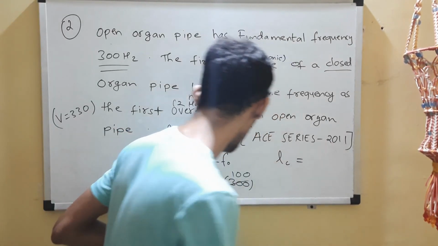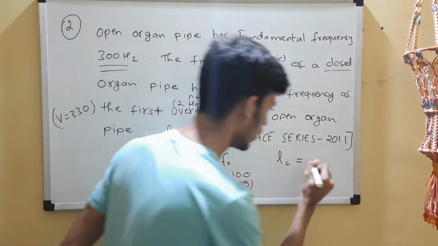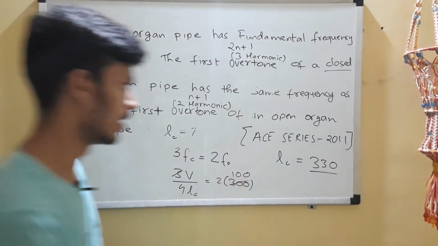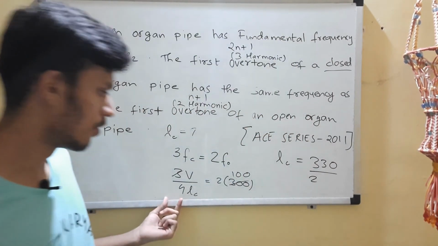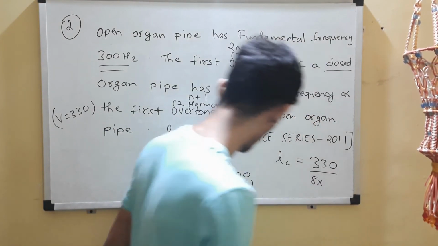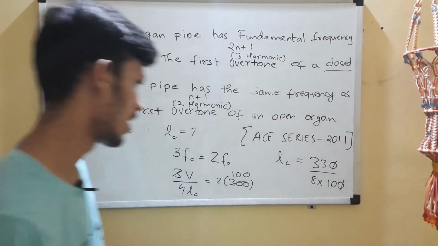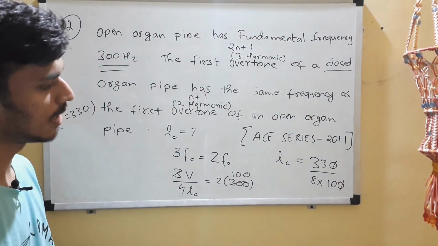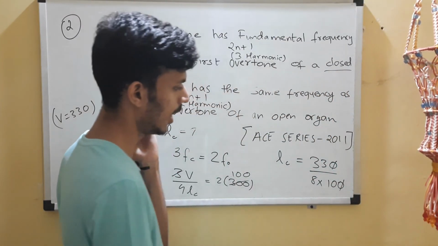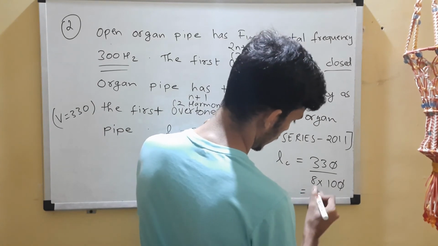So the length of the closed organ pipe will be given as 330, the velocity of the wave, divided by 2 into 100. So 2 and 4 we have. 4 2s are 8, 8 into 100. So this and this can get cancelled. So basically 33 divided by 80. So I think it's close to 41 centimeters.